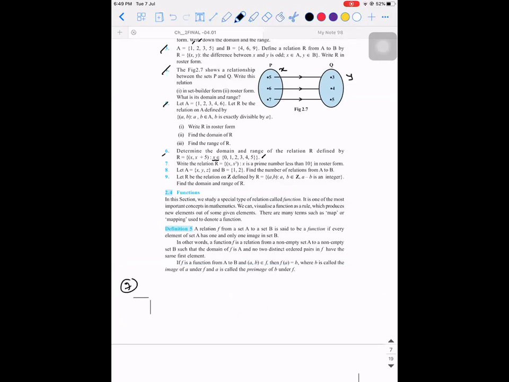Seventh one. Write the relation R is equal to (x, x cube) such that x is a prime number less than 10, and you have to write it in roster form. So x is equal to, what are the prime numbers less than 10? Starting with 2. So (2, 8), because when you substitute 2, y is x cube.